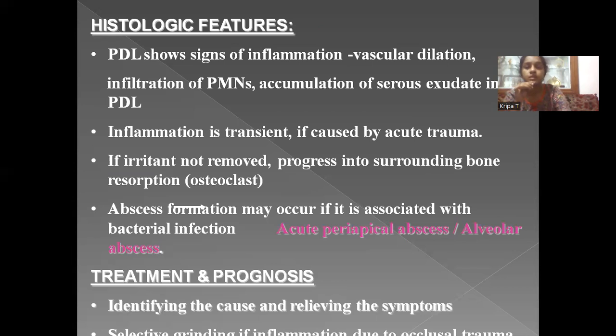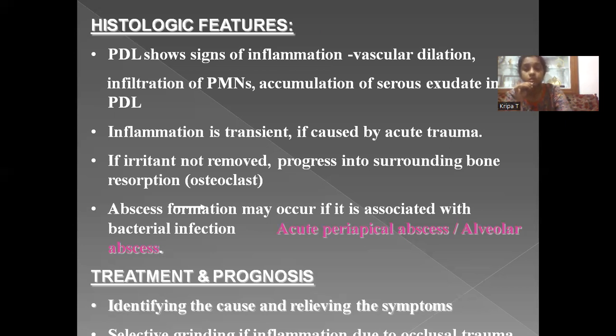If you look at the histology, you can see a lot of inflammatory changes: vascular dilation, infiltration of acute inflammatory cells, that is polymorphonuclear cells, a lot of exudate, and the inflammation will be transient if it is with an acute trauma. Once you remove the irritation, it progresses into surrounding bone resorption. Abscess formation occurs if it is associated with some bacterial infection.